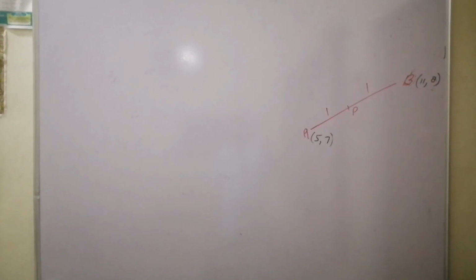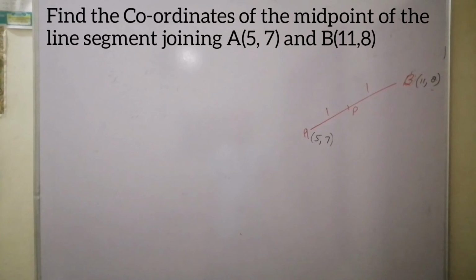Find the coordinates of the midpoint of the line segment joining A to B, where the coordinates of A are 5, 7 and the coordinates of B are 11, 8.